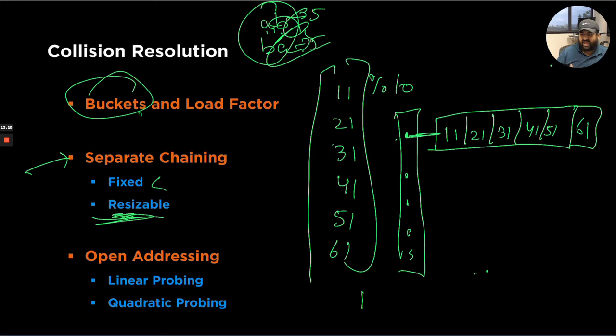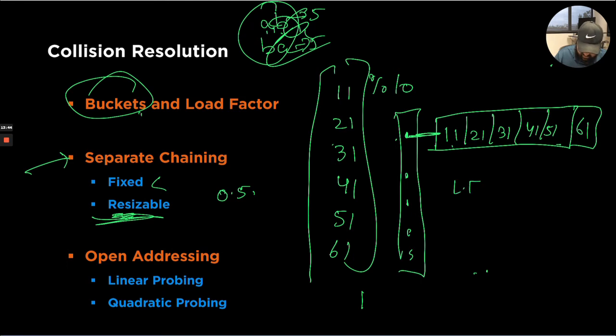And let's say we fix this arbitrary load factor threshold to 0.5, which means whenever our load factor reaches 0.5, we are going to increase the size of our buckets by 2. That's usually the convention. So essentially, here we have 6 elements inserted.